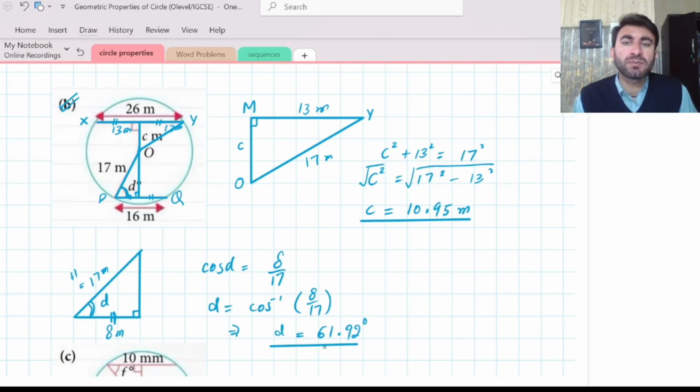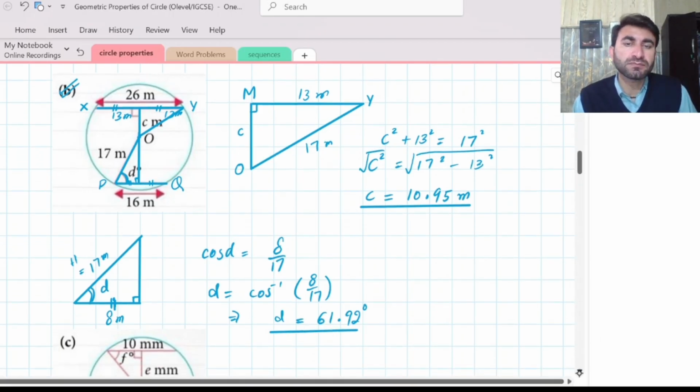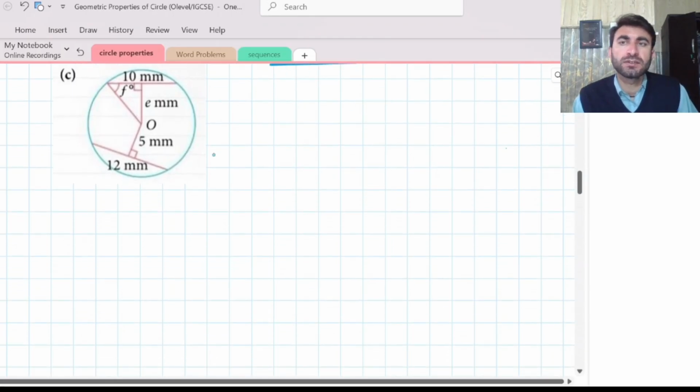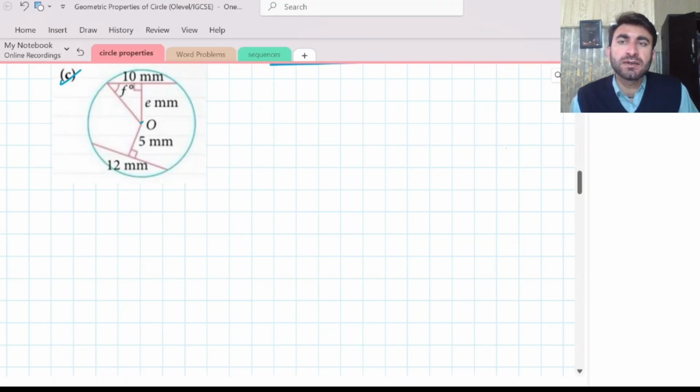Now we move to part C. In part C, we can again see there is a circle with center at O, and there are two chords, one with a 10 millimeter length and the other with a 12 millimeter length.